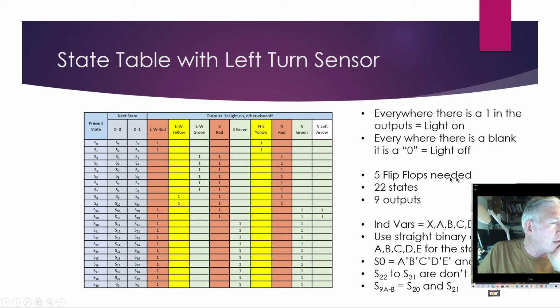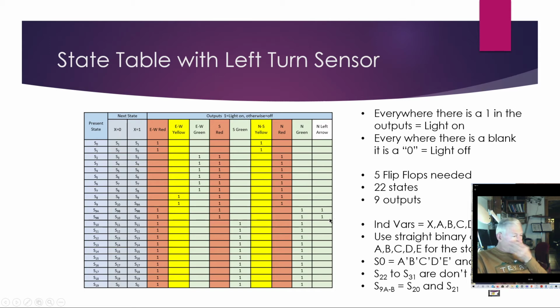So we're going to need 5 flip-flops, which will give us, we could have 32 states, but we're only going to use 22 of them. So we're going to have some don't cares. And then here are our 9 outputs: east-west red, east-west yellow, east-west green, south red, south green, north-south yellow, north red, north green, north left arrow.